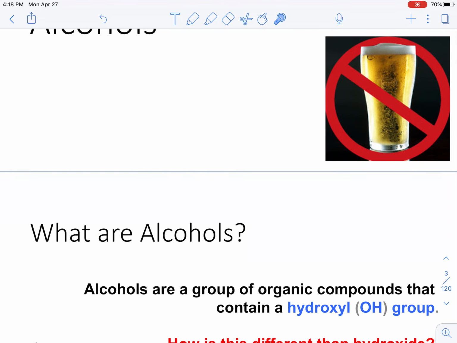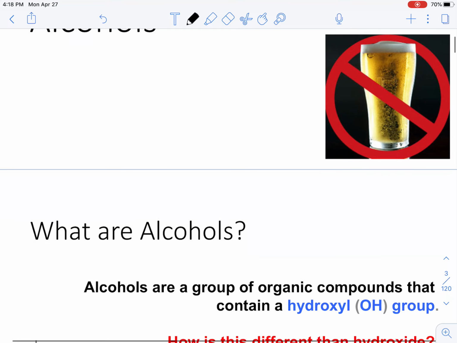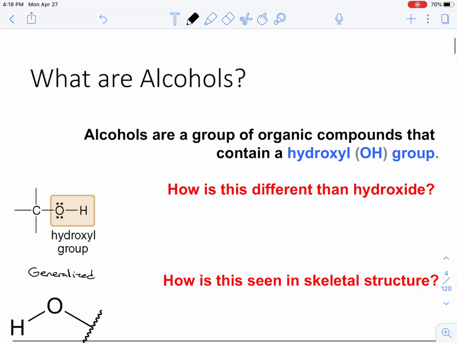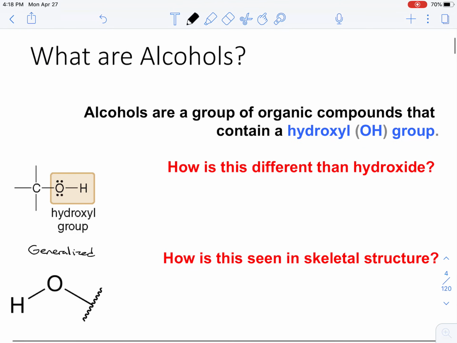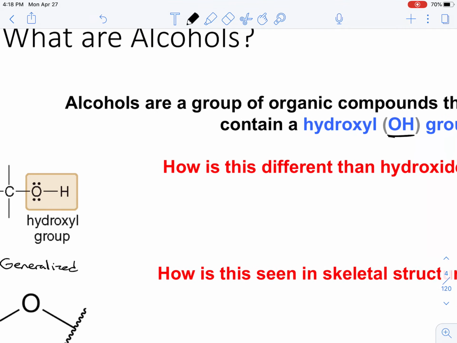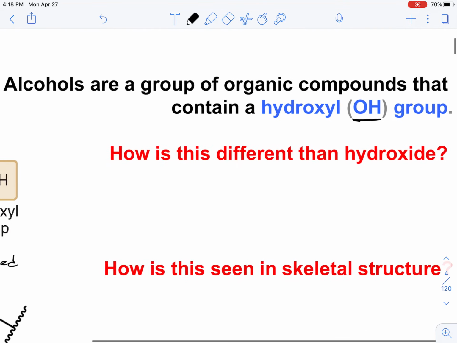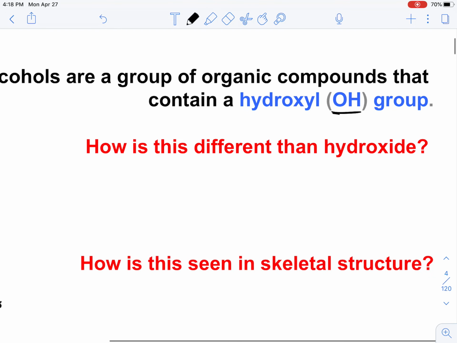Alcohols are a class of organic compounds that contain a hydroxyl group. A hydroxyl group is simply an oxygen that's covalently bonded with a hydrogen. We have seen this combination of OH before when we were discussing concepts in inorganic chemistry.